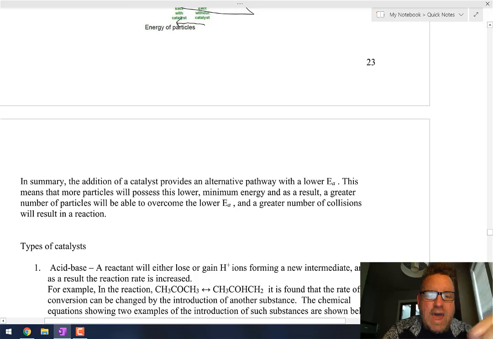So in summary, catalysts provide an alternative pathway with a lower activation energy. This means that more particles will possess this lower minimum energy, and as a result, a greater number of particles will be able to overcome the activation energy barrier, which means a greater number of collisions will be successful, and that makes the reaction go faster.